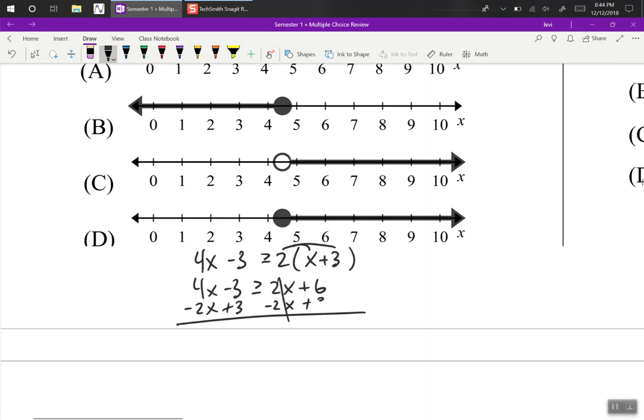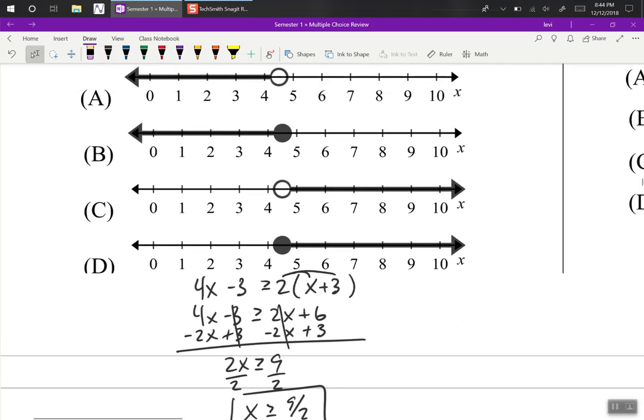So we'll add 3 to both sides. And so we'll get 2x greater than or equal to 9, divide by 2, divide by 2, and x is greater than or equal to 9 halves. Well, what's half of 9? Sorry, 4.5. So greater than or equal to, closed circle, greater than is going to go to the right, so we're looking for a closed circle that goes to the right at 4.5. That looks like D to me.